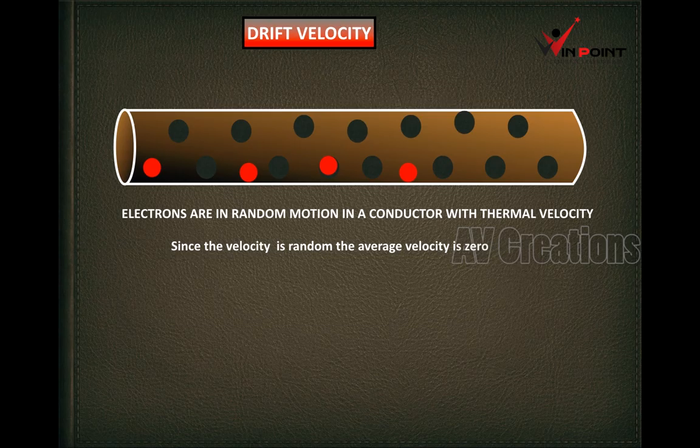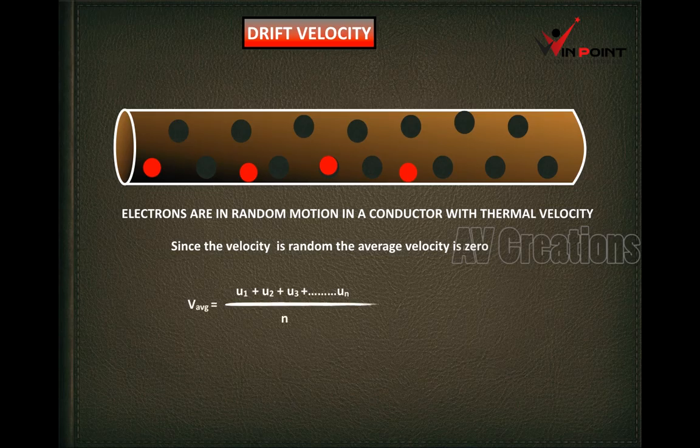Since the velocity is random, the direction of velocity is random, so the average velocity will be zero, because if one electron is moving left, then another electron is moving right. The velocities cancel each other, and the total thermal velocity is zero.